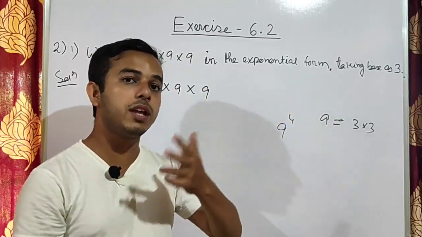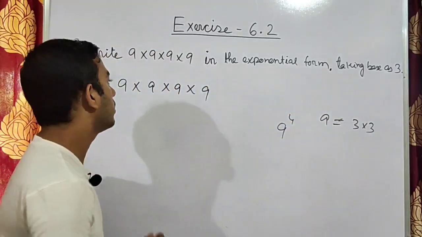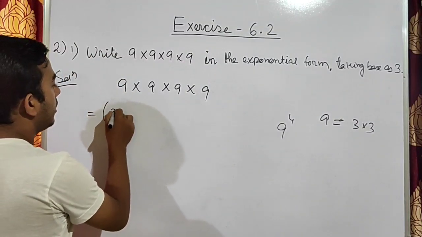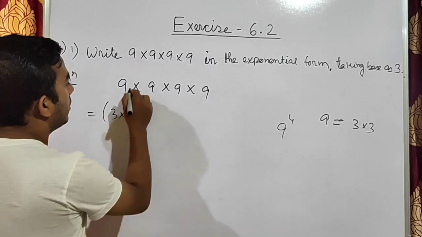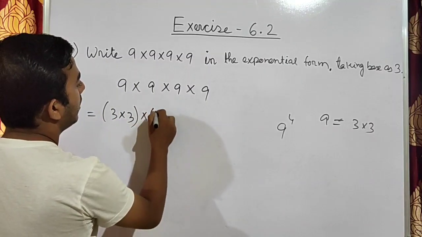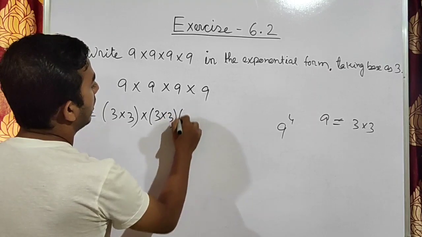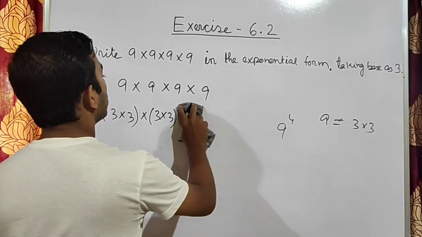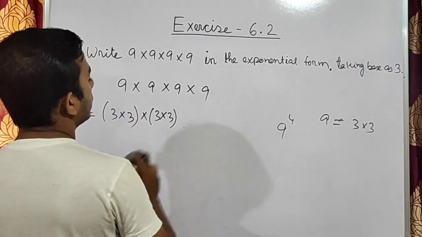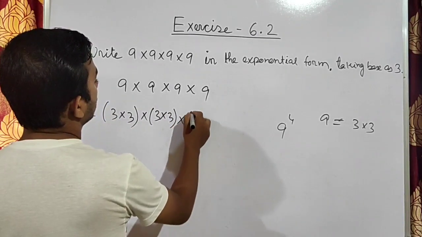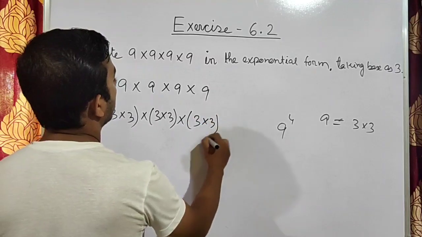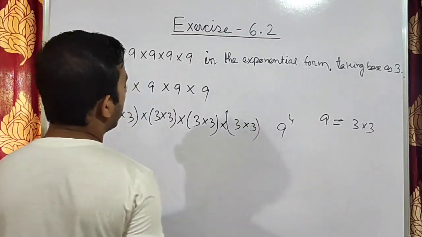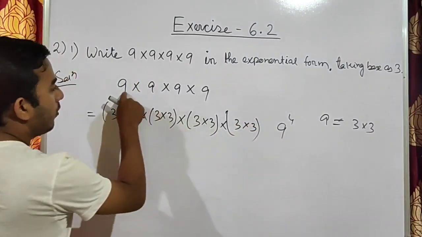Then we can take base 3. Okay. So in place of this 9 we will write 3 into 3, isn't it? Then again 3 into 3, then again 3 into 3, then again 3 into 3. Clear? How many? 1, 2, 3, 4. 1, 4 is 9. Okay.